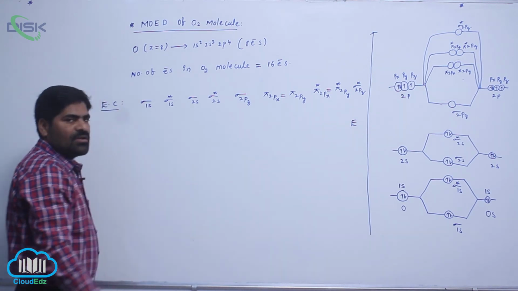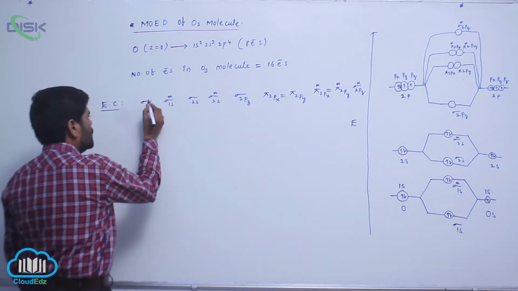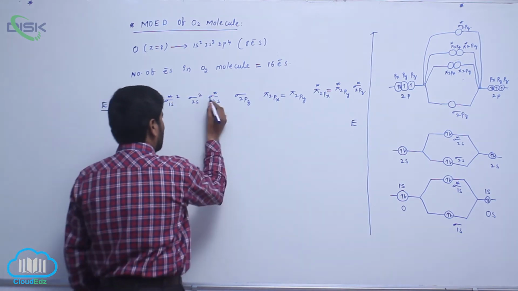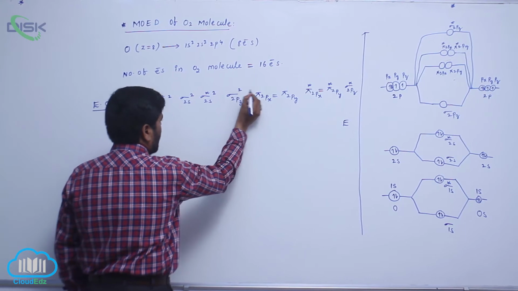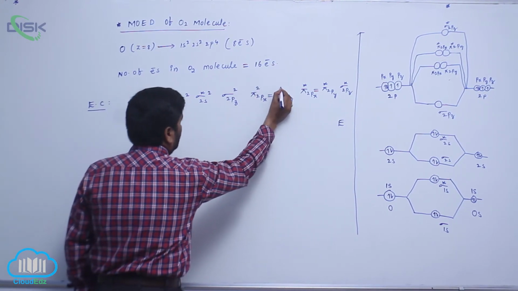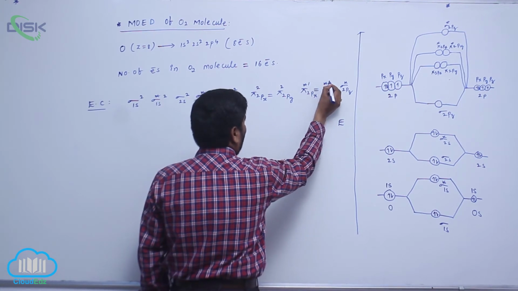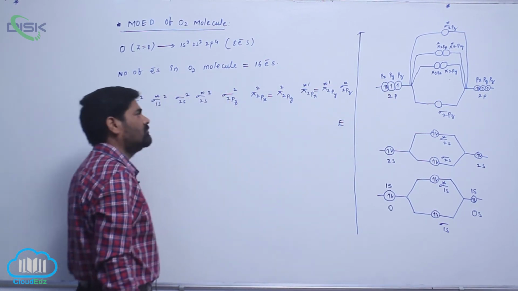Now it is a 16 electron system. So 2 electrons, here is also 2, then 6 plus 2, 8, 10, 12, 14, then this contains 1 electron, it also contains 1 electron.